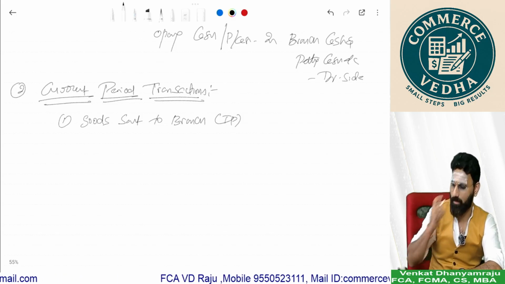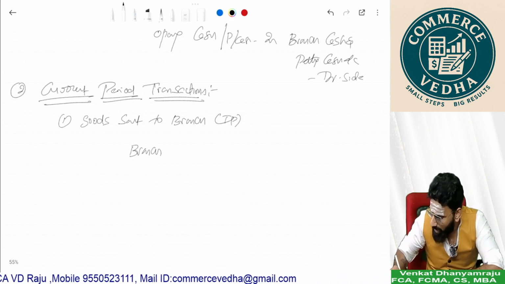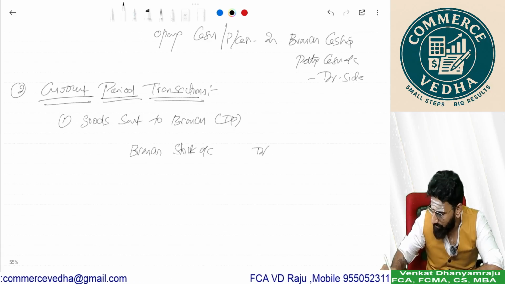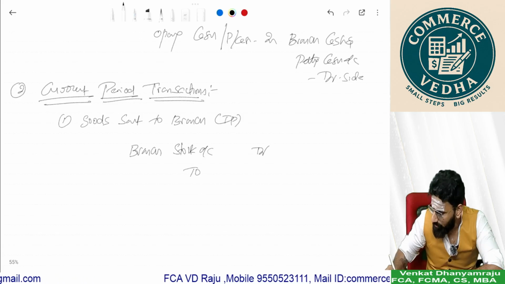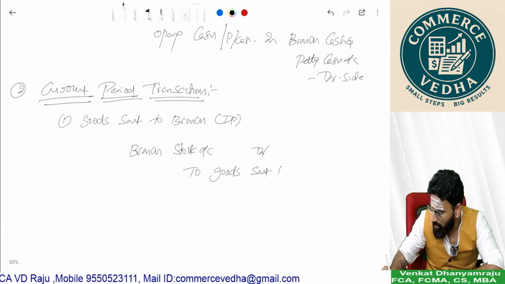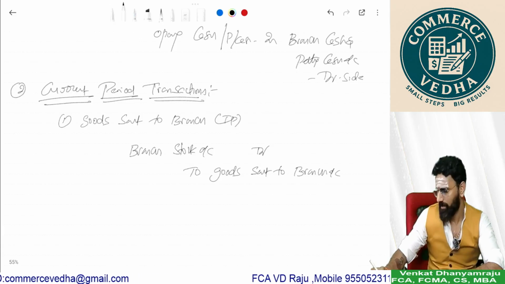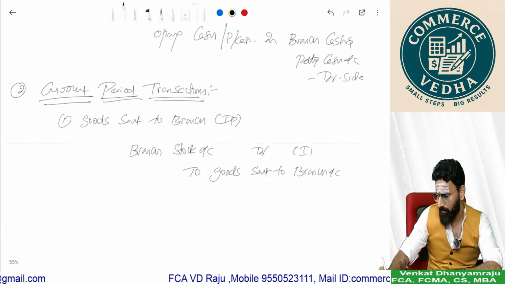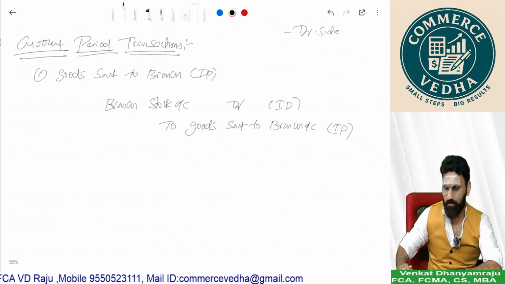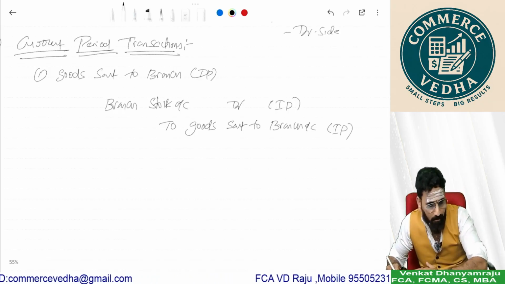So debit stock. The entry is branch stock account debit to goods sent to branch account. This is at which price? Invoice price. Immediately we should reverse the loading.